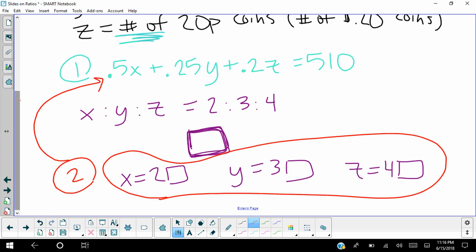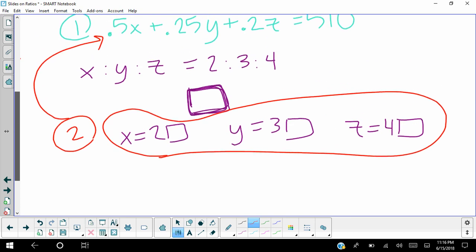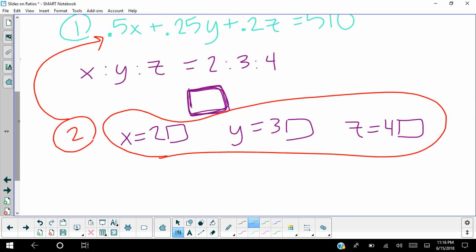Again, this is like a system of equations setup, which I refer back to quite a bit. So in my first equation, instead of writing 0.5 times x, I'm going to write 0.5 times 2 times my box.